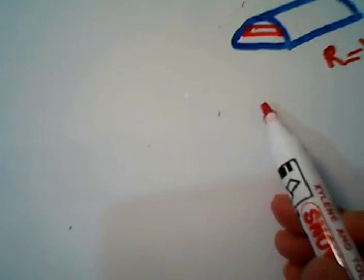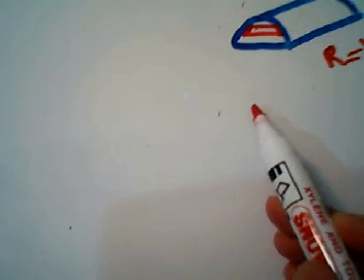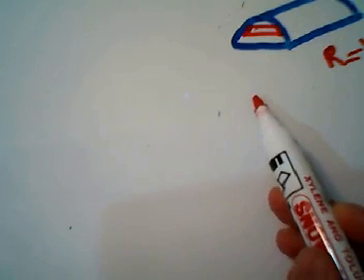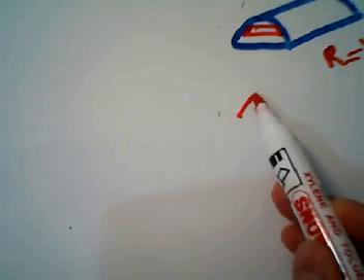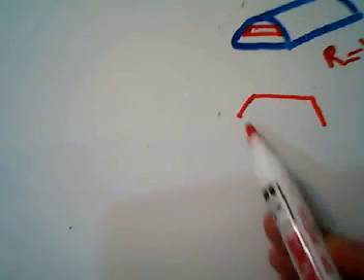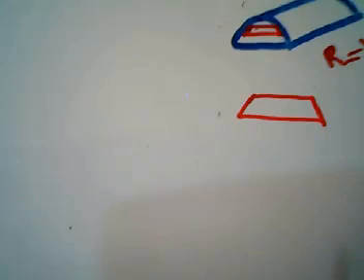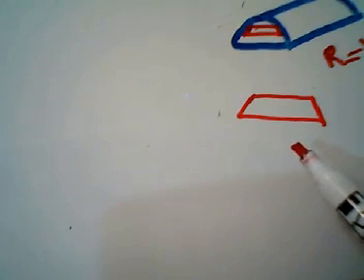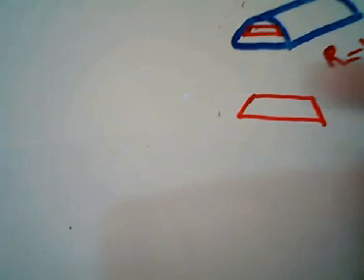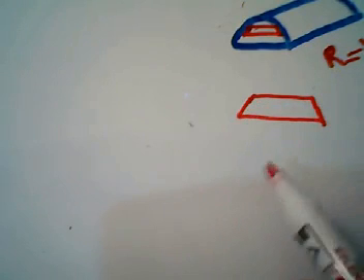Now let's draw the infinitesimal part bigger here. This is our infinitesimal part. Now the whole force would be the sum of the forces applying on each such infinitesimal part.